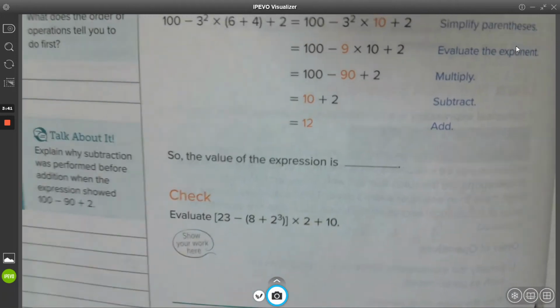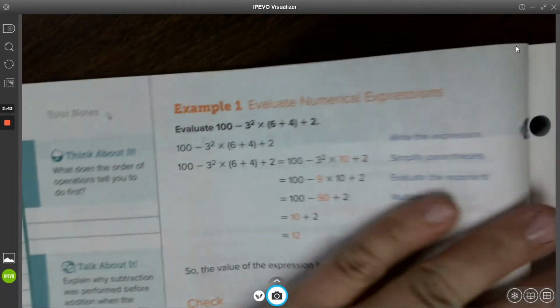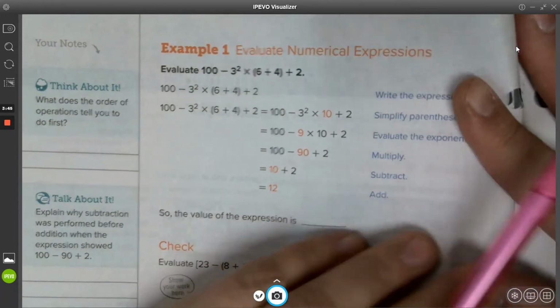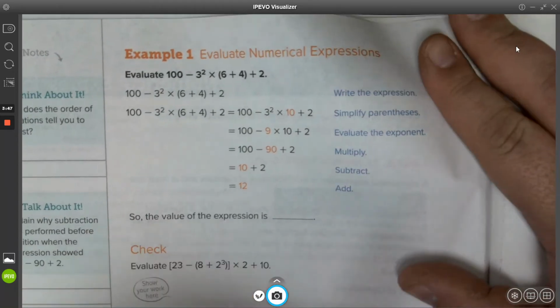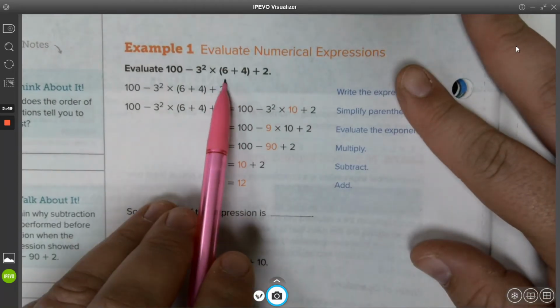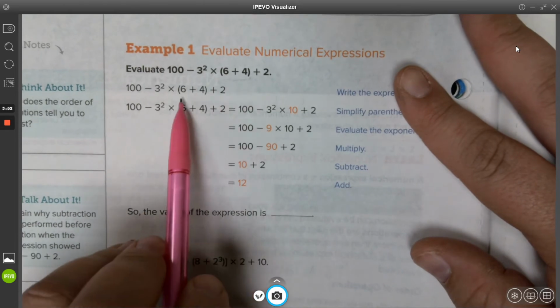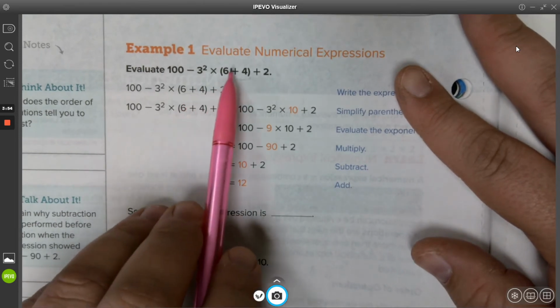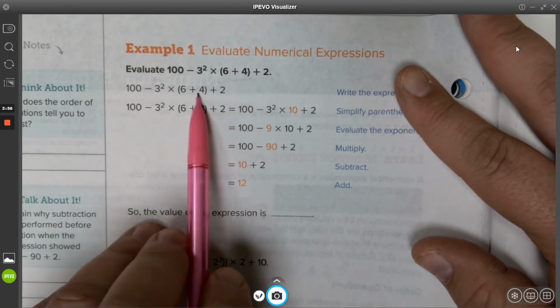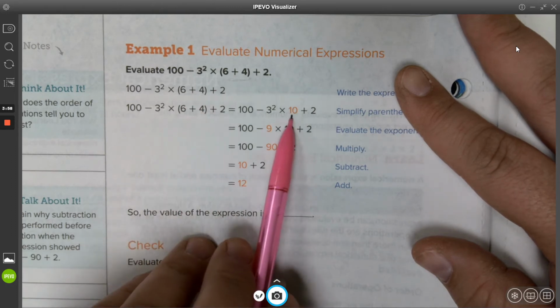All right, turning the page to example 1, we're going to evaluate this expression. Like I said, start with your parentheses, 6 plus 4. If we start with that 6 plus 4, we get a 10.